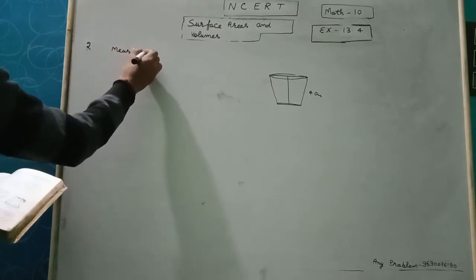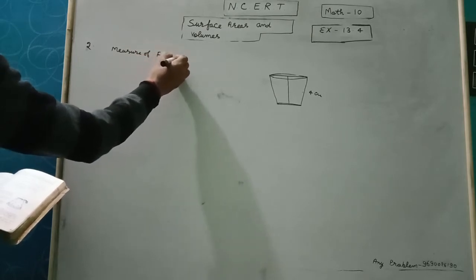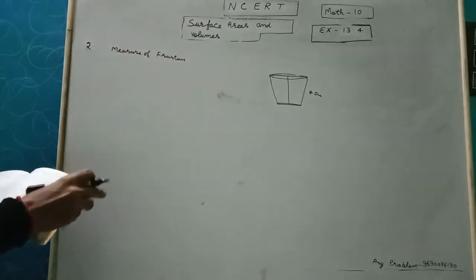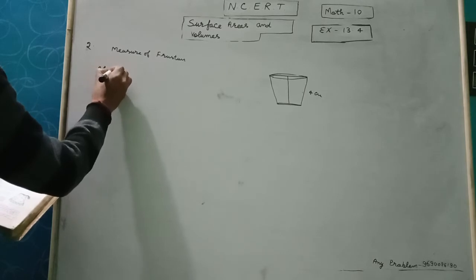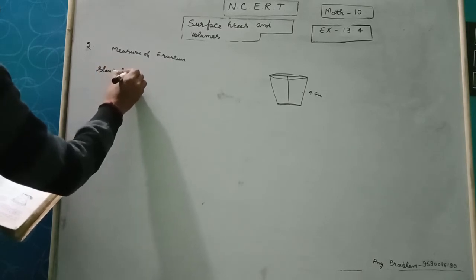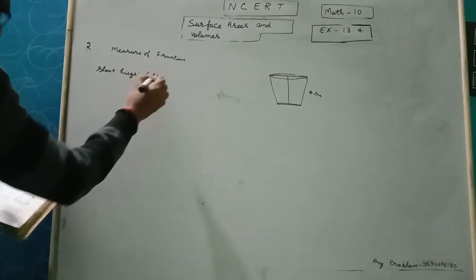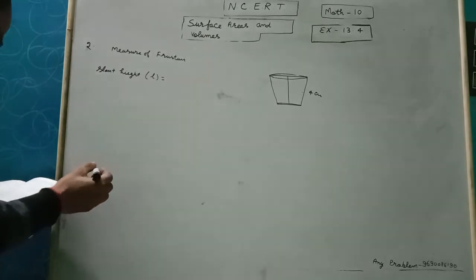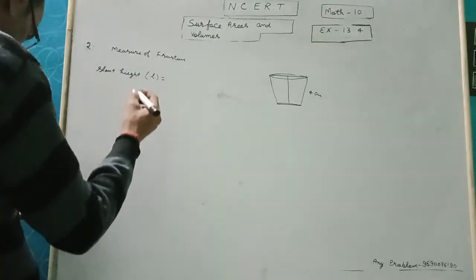The measure of the first term: slant height, that is L, is equal to 4 cm.